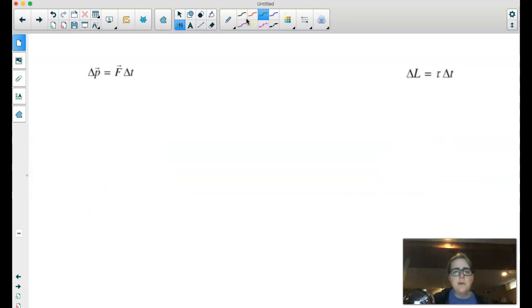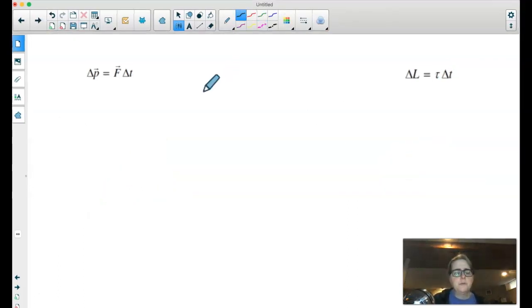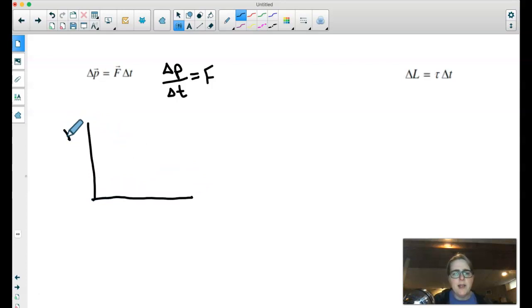Now, with linear momentum, we also did some rearranging of this equation to get to delta P over delta T equals force, which told us that if instead of doing a force-time graph, we did a momentum-time graph, then the rise on this graph would be delta P, and the run on this graph would be the time.